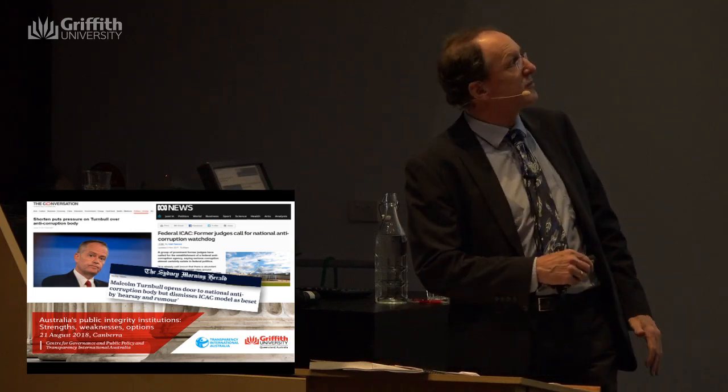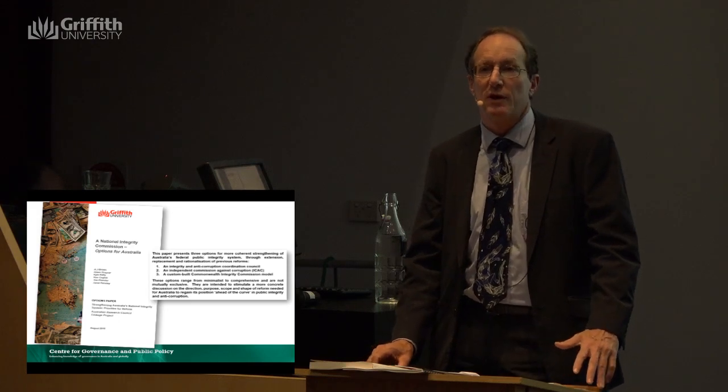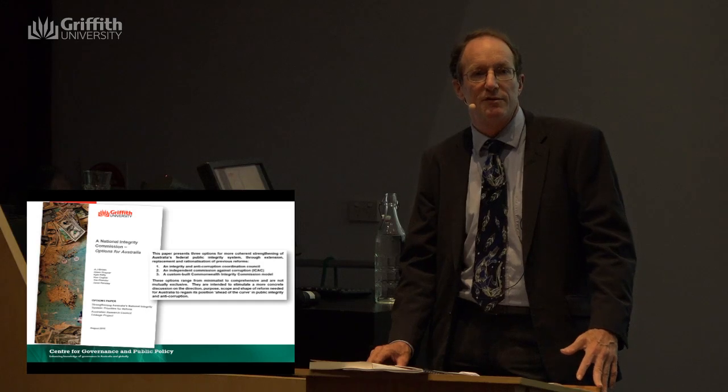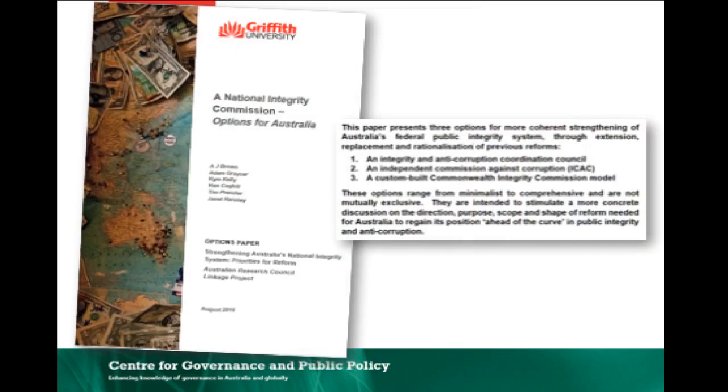And so hence we come to the options that are on the table this week, which we've released in the new options paper for our integrity system assessment, a National Integrity Commission Options for Australia. Copies of this paper are available. You only need to go to the Transparency International Australia website or to the Griffith University website.